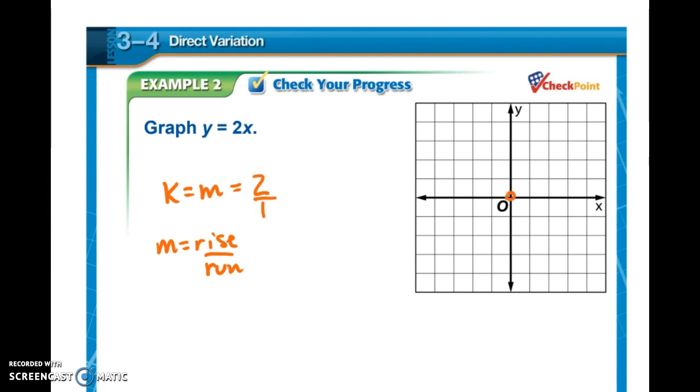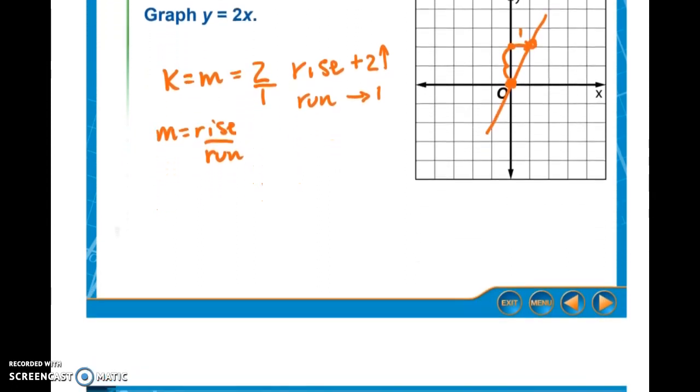So from the origin, since this is positive, the rise is going to be up 2, and the run is going to be to the right 1. Okay, so I'm going to go up 2, and then over 1, and draw another dot. So there's the graph. Hopefully you got it.